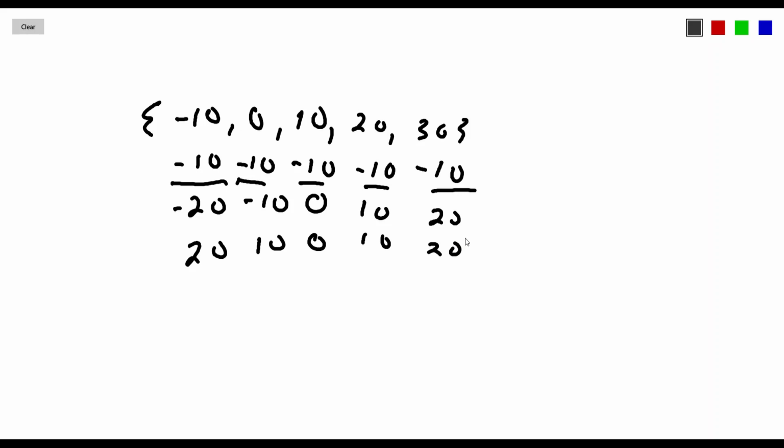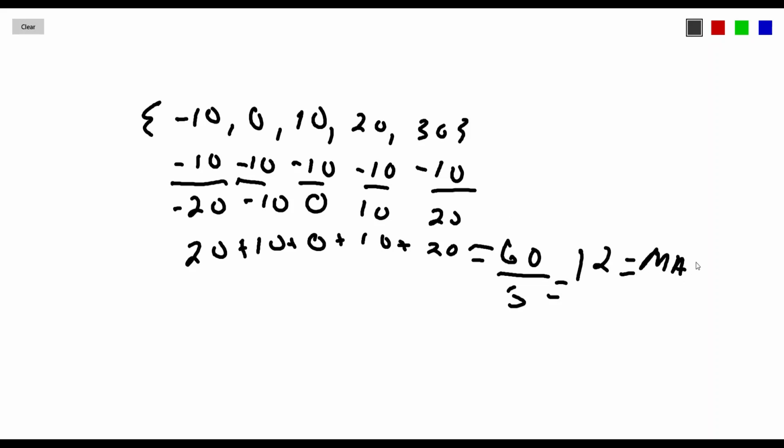All right, so what we do with these new numbers is we're going to add them together. So 20 plus 10 plus 0 plus 10 plus 20, that will give you 60. Divide 60 by 5, you should get 12. And that is your MAD, or your mean absolute deviation.